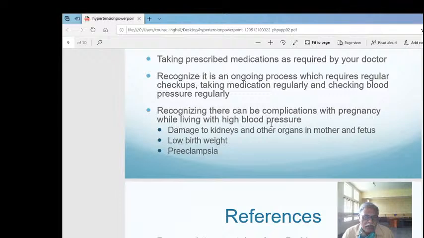At least 5 to 10 millimeters above the palpatory method. Usually the auscultatory blood pressure is 5 to 10 millimeters of mercury higher than the palpatory method blood pressure.